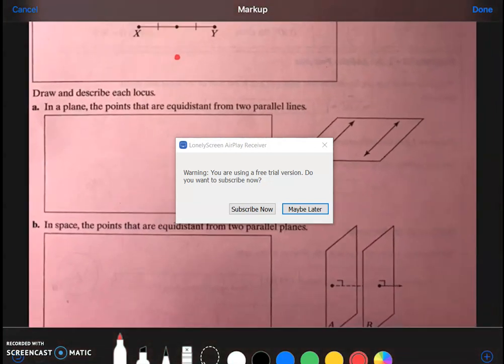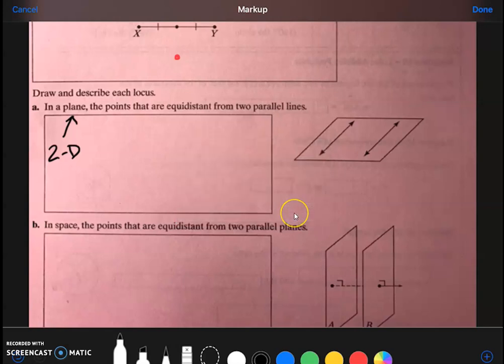Finally here, we'll do one more and then we'll be done here. Draw and describe the locus of each in a plane. Now, when they keep saying in a plane, they are talking about a 2-dimensional scenario, like a piece of paper, as opposed to this one where it says in space, and this is when you go into the 3D land.